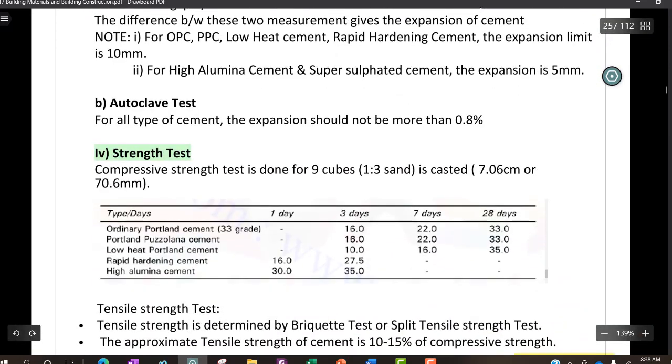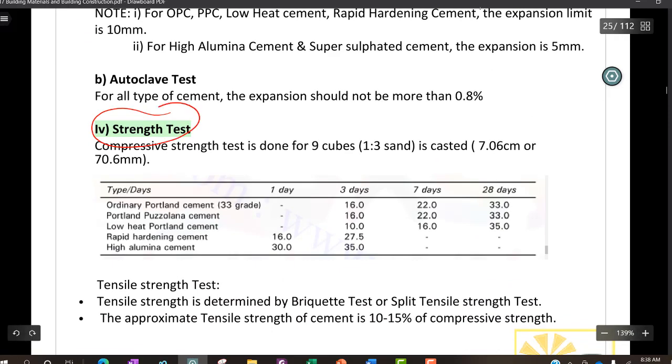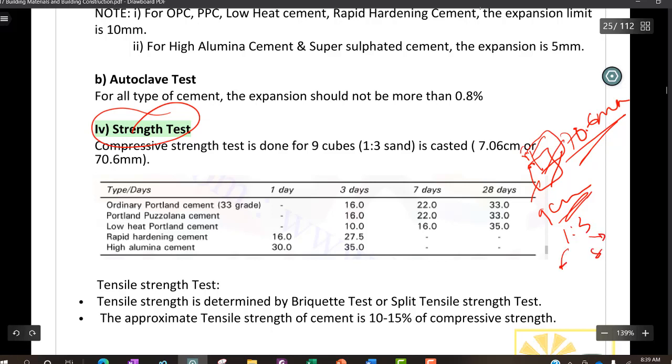Okay, remember. And how will you do the strength test? Obviously you will be casting some cubes of cement. What will the size be? 70.6 mm, or you can say 7.06 centimeters. So you will be casting 9 cubes of 1:3 ratio, 1 cement and 3 sand, making a cube, and you will be compressing it.